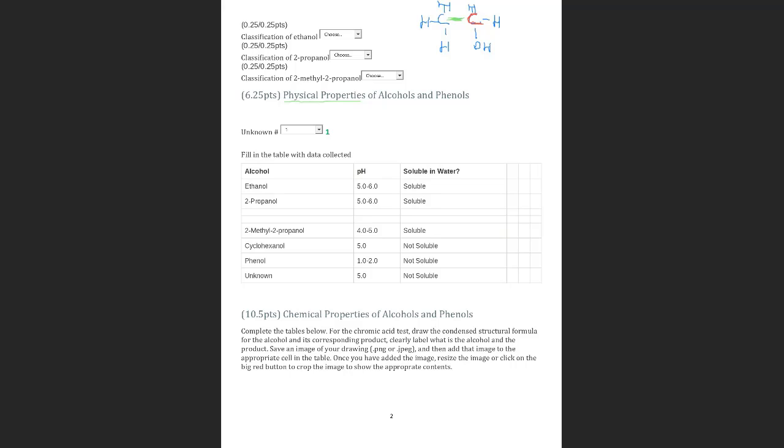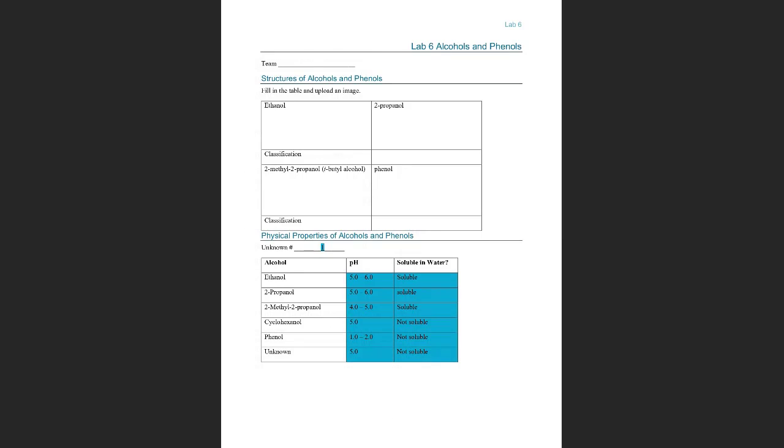Since you are not doing the lab face-to-face, you are given, let me share the page, the data. So let's look at this. You will have to get the sample data and copy it into the report. Let's start with the pH. So basically, you are given this information. How are you going to test pH?